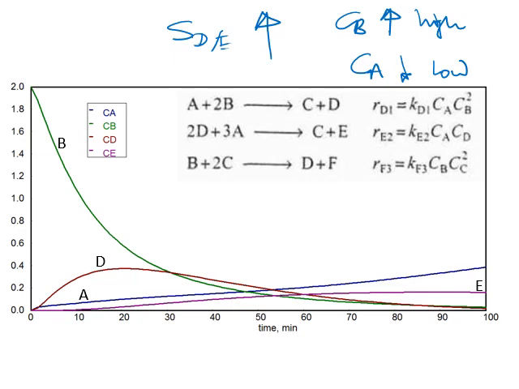So maybe you should slow down on the epsilon naught, right? So that the rate at which A is added is not higher than the rate at which A is consumed.